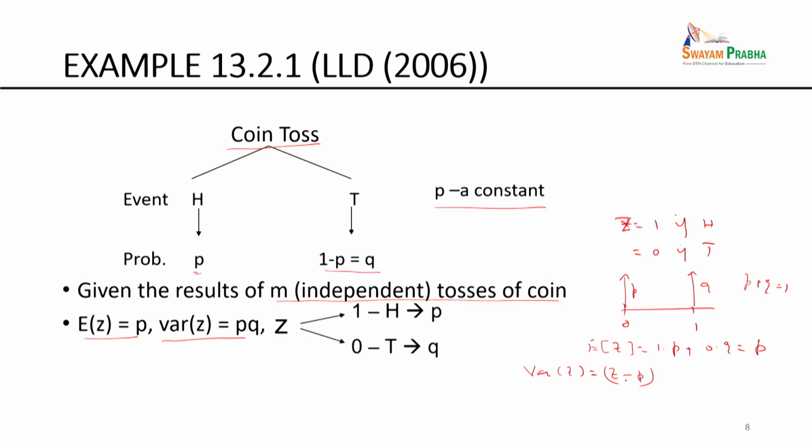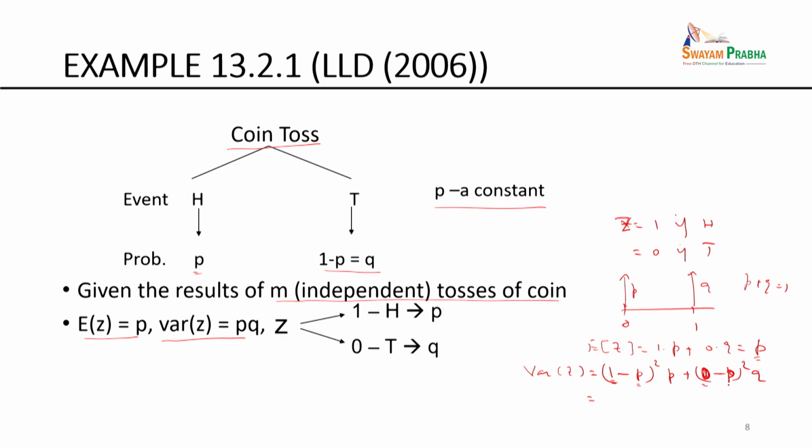So z takes the value 1, p is the mean value.